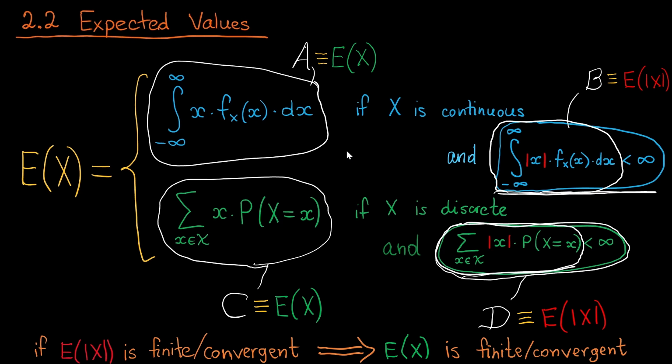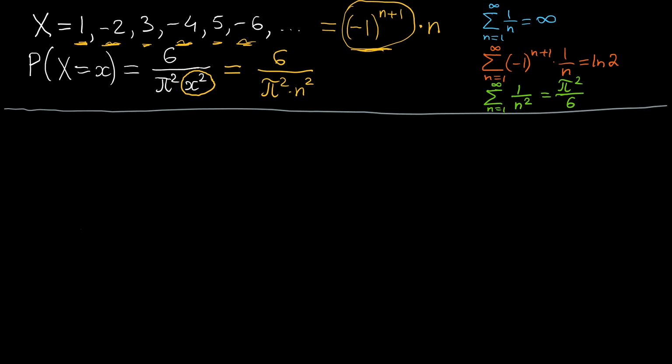Now, let's take a look at why we're doing that. As always, let's start by showing that if we were to sum the PMF here over the support, that we'd get 1, that it's a legitimate probability distribution. The PMF expressed in terms of n is 6 over pi squared times n squared, and n goes from 1 to infinity. Okay, so what is the sum?